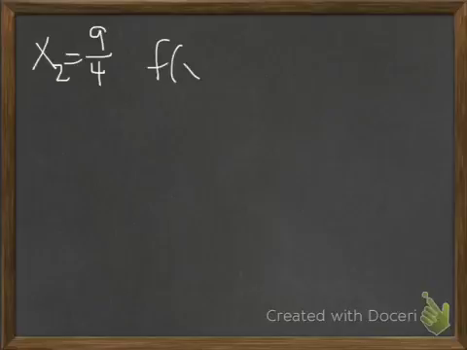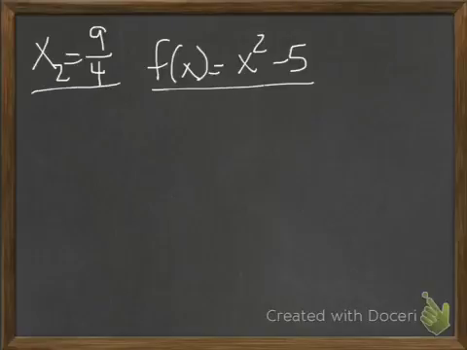Now we know that x2 is 9/4. And the function again was f of x equals x squared minus 5. So we're going to use the second guess and the function, and we have its derivative, of course, we cannot forget that, 2x. So let's go ahead and plug that in.